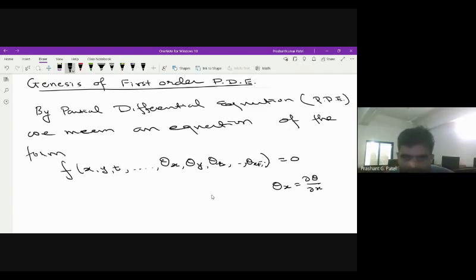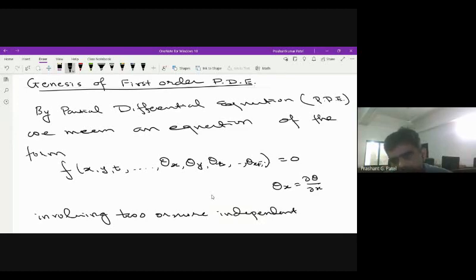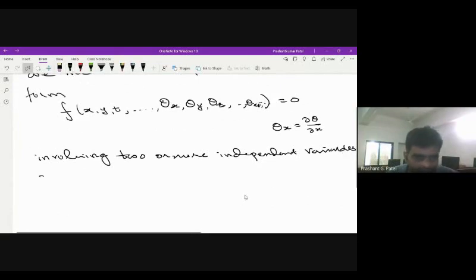So this form involves two or more independent variables. It will involve many independent variables, x, y, z, x, y, t, and all of them are independent variables here, etc.